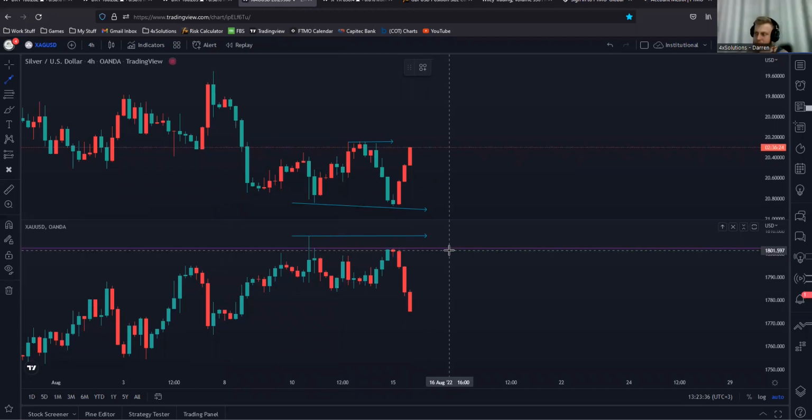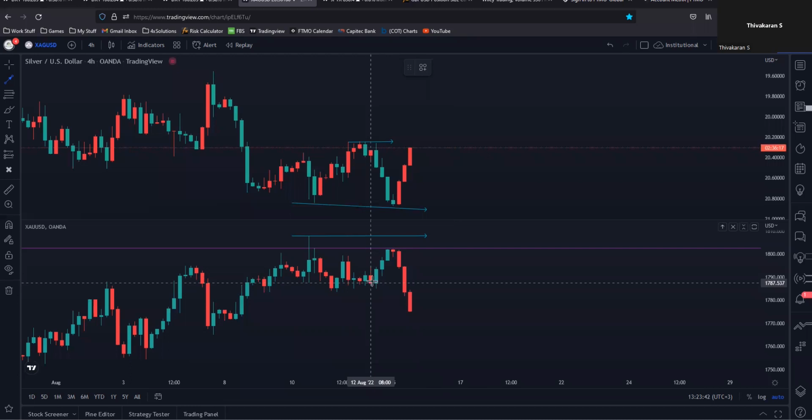No, not that one. The fourth red candle from the top. Yeah, this one. I would close half of the position at that line, because sometimes price may hit that and again come down. If not, the high.